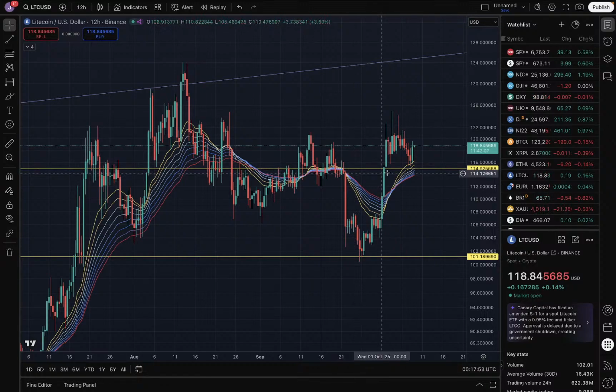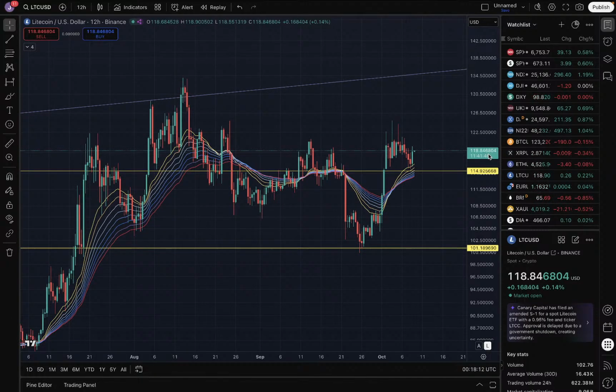So now that we get back and start to trade above it again, we are building some new volume above the trend line and above the ribbon line. So it's important that we continue that way.